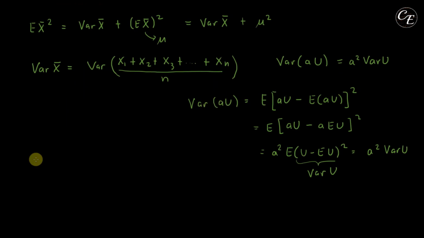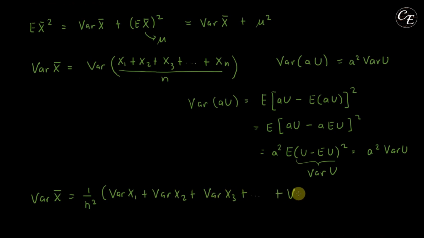Then variance of x bar will be equal to, we can put this 1 over n outside, but we need to square it first. So we have 1 over n squared, and then we can distribute this variance for each term. So we have variance of x sub 1 plus variance of x sub 2 plus variance of x sub 3 plus etc. until variance of x sub n.